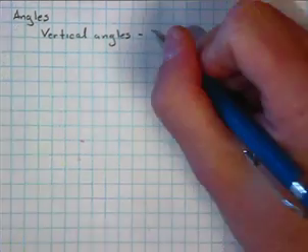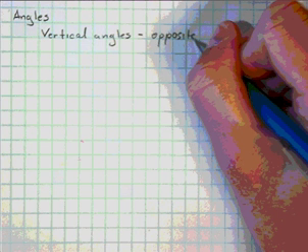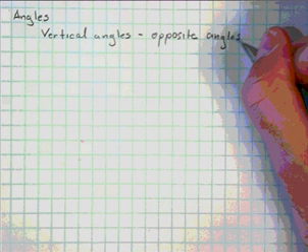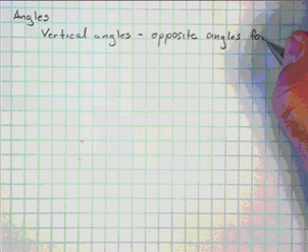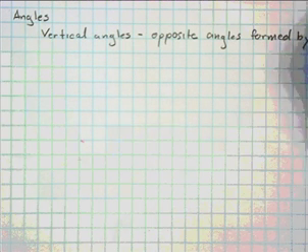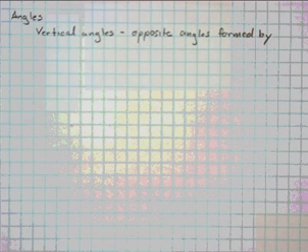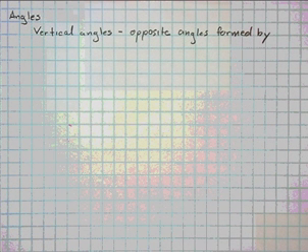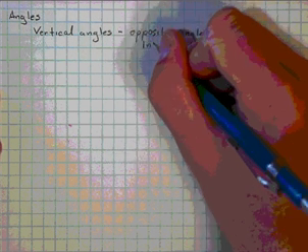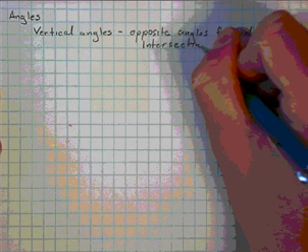Vertical angles are the opposite angles formed by intersecting lines.